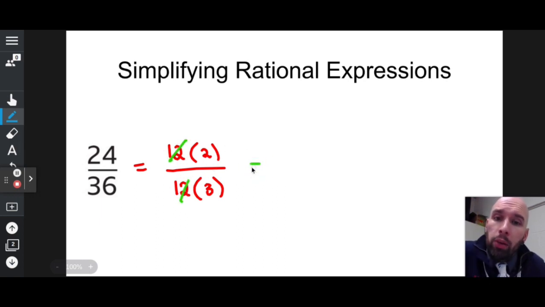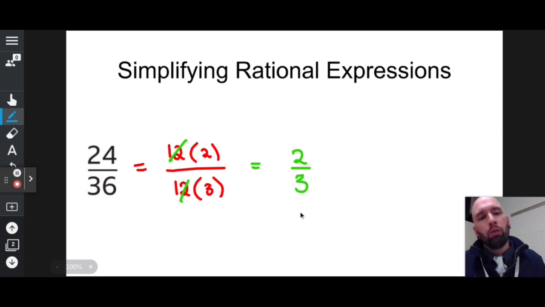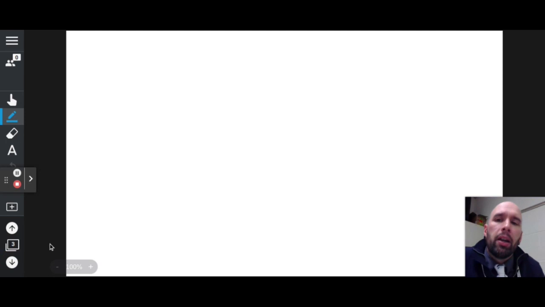And so I'm left with just 2 and 3. Now, a lot of people would just divide everything by 2 or whatever, but this is how I'm going to approach everything today. I'm going to factor as much as I can and eliminate. So that's where we're headed.